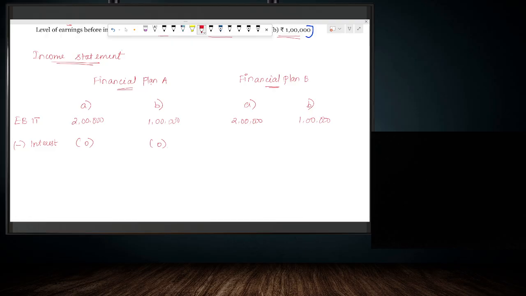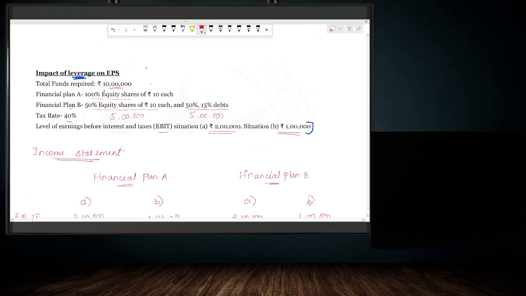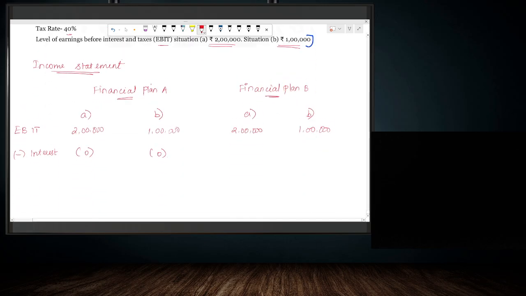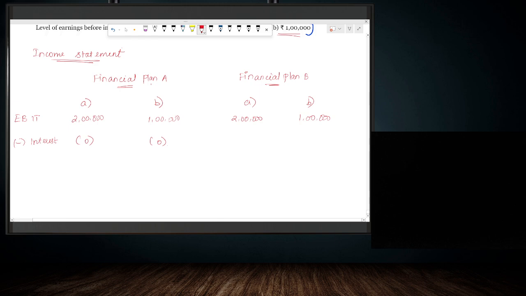Clear? Now under plan B, what is the amount of debt the company is raising? What is the amount of money the company is raising in the form of debt? 5 lakh rupees. On this 5 lakh rupees, what is the percentage of interest they have to pay? Coupon rate is 15%. So 15% of 5 lakh we get 75,000. So under plan B, they have to pay 75,000 rupees of interest.